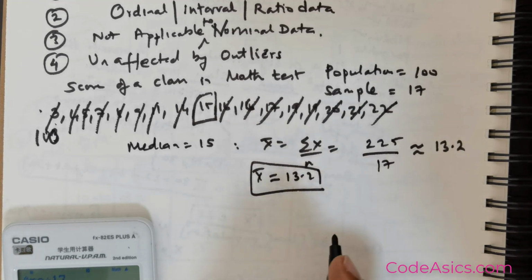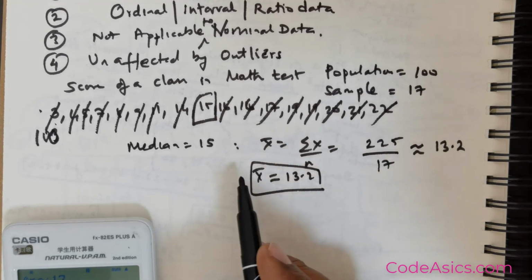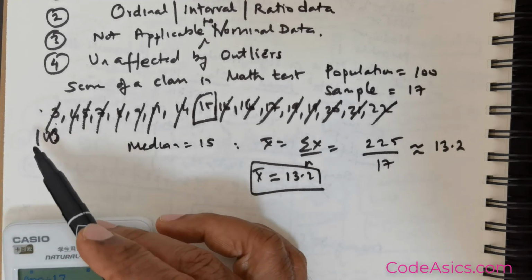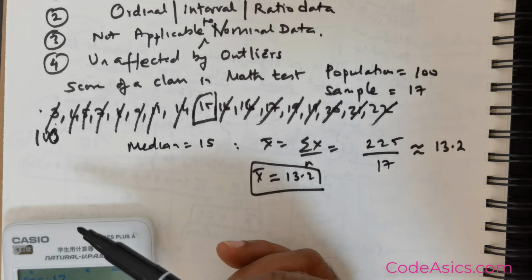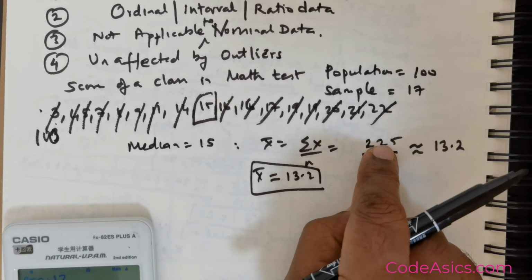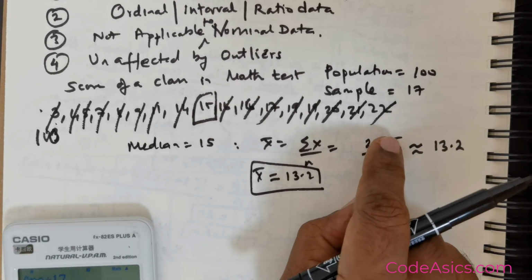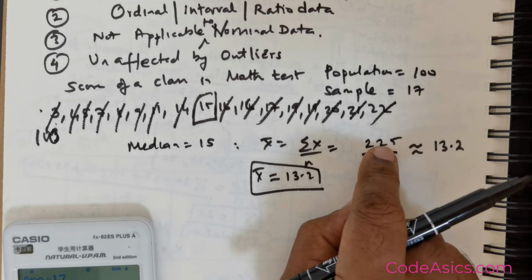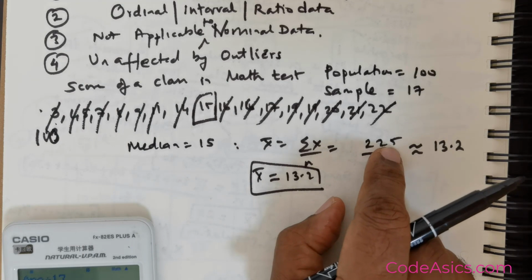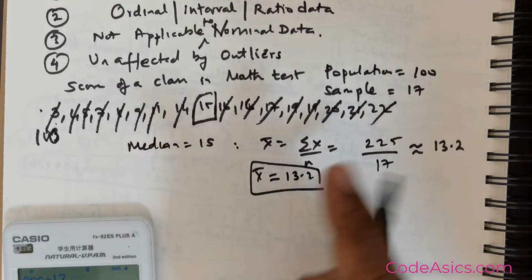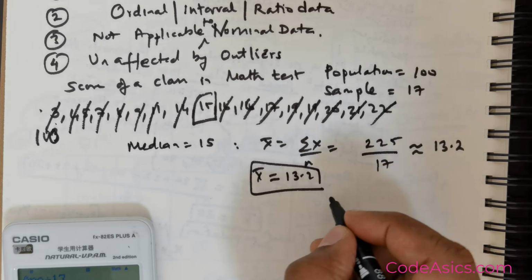Okay. Now having mentioned that, suddenly there is an outlier. One student has got 100. Now I need to add 100 over here. So that would mean I need to take away 3. 3 is dropped and 100 is added. So 222 plus 100, right?